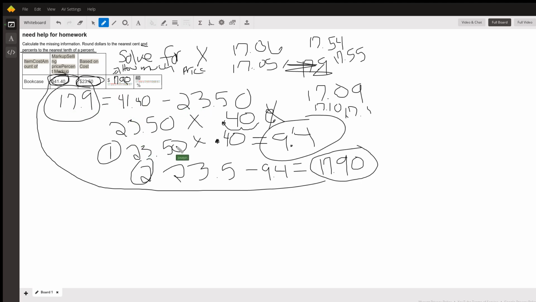The reason why I went down here is to show you, as an extra, how to find a percentage of a number in the case such that 41.40 was not given to you. Because if you add 23.50 plus 17.90, it equals 41.40.